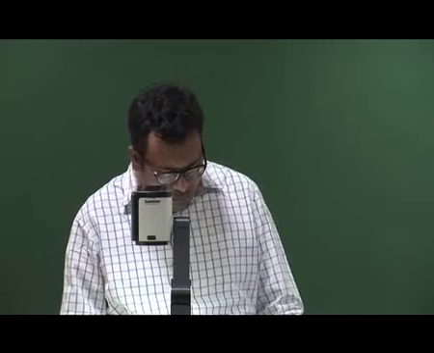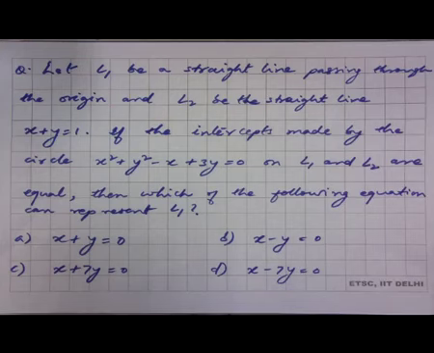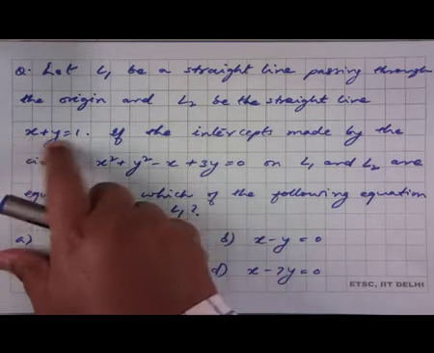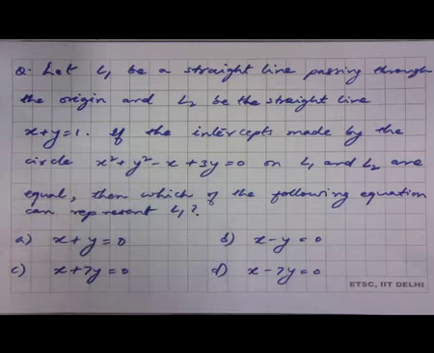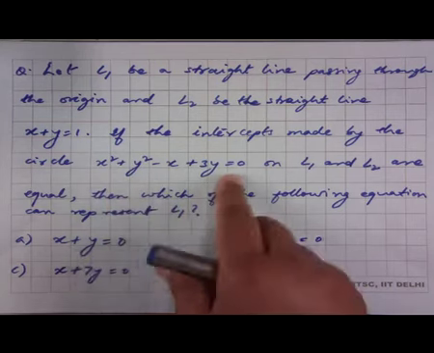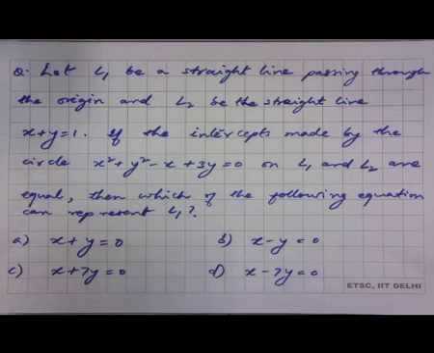So, let us take another problem. L1 is a straight line passing through the origin, and L2 is this straight line x plus y equals 1. Further, it is said that the intercepts made by this circle are the same on both the straight lines.